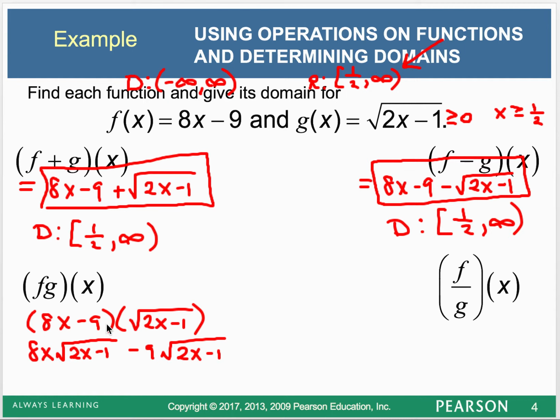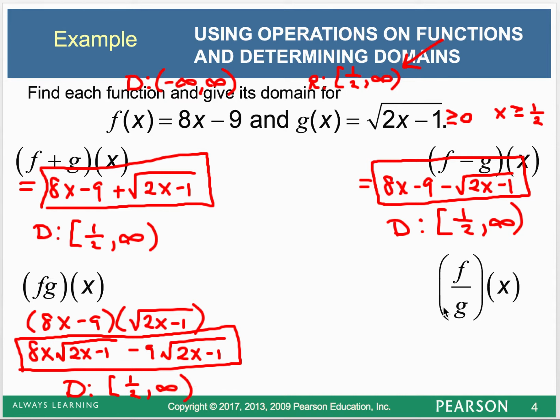So either one of these will be okay, and your domain, in reality, but your homework's going to let you just leave it there, I believe. And your domain is the same thing as the others.